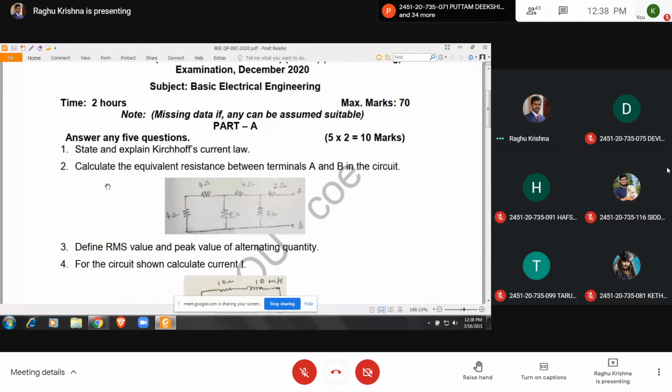If you see the first question: state and explain Kirchhoff's current law. So what is Kirchhoff's current law? At a node, the algebraic sum of currents is equal to 0.